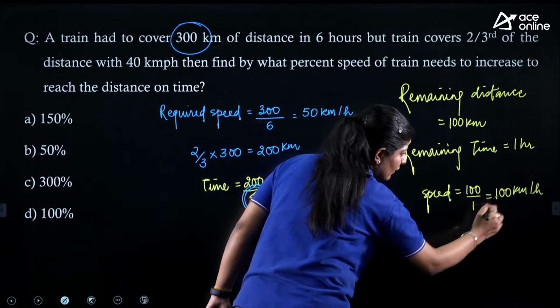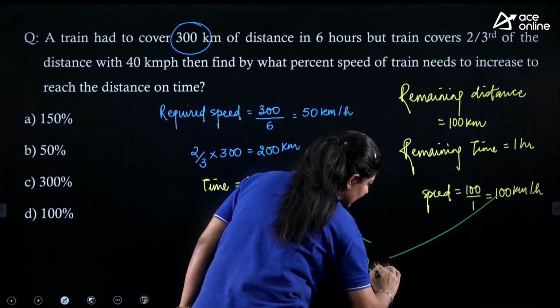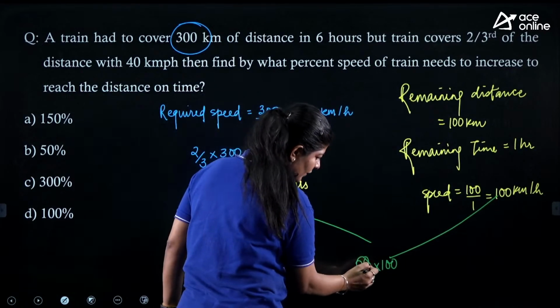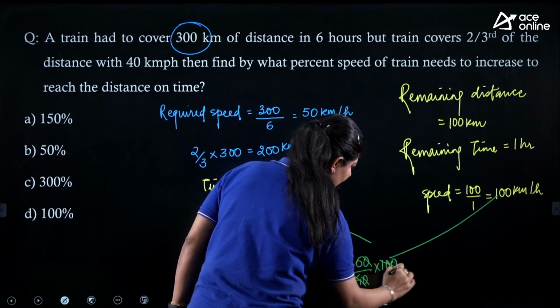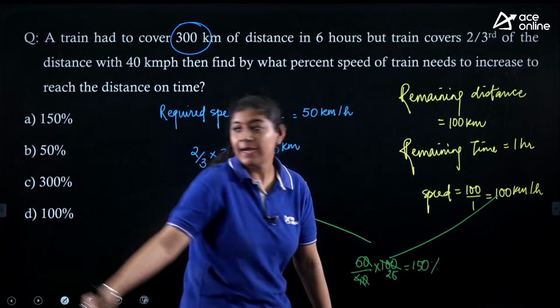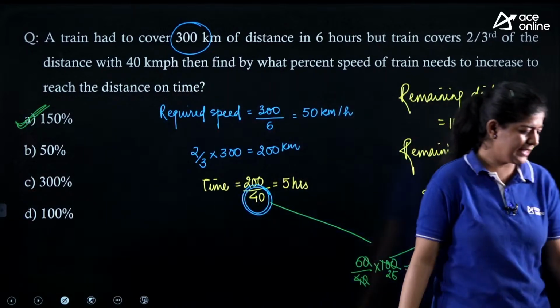So the change is 60 kilometers per hour and the initial one is 40, multiplied by 100, and we easily get the answer. Here we get 1.5 and when we multiply it we get 150%. That means option number A is the correct one.